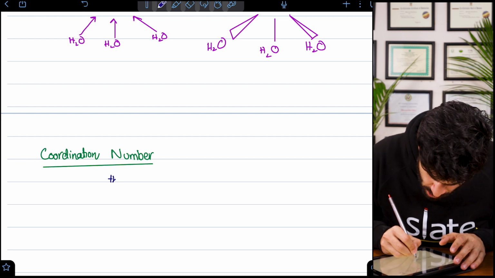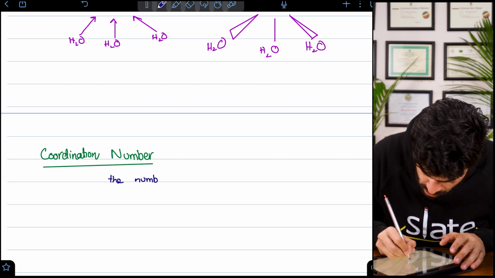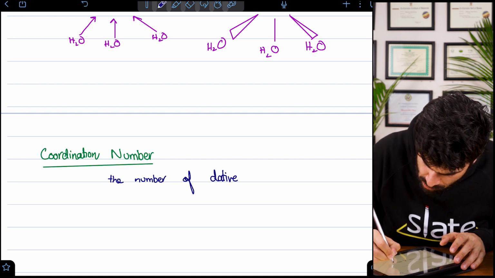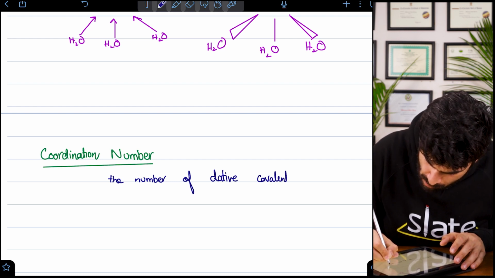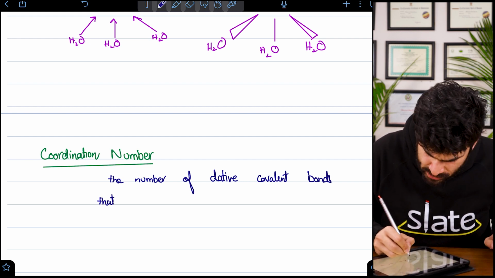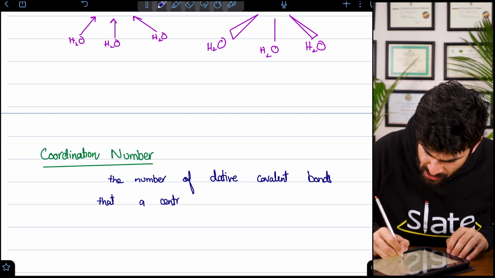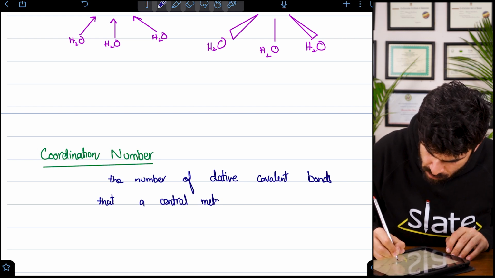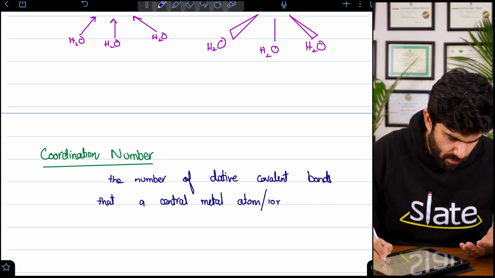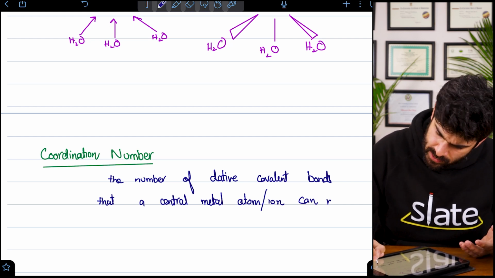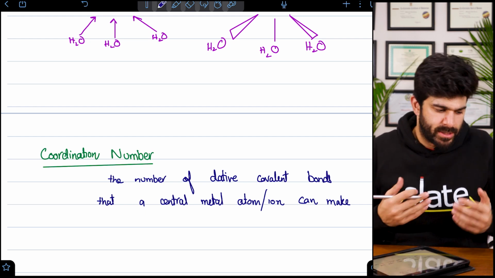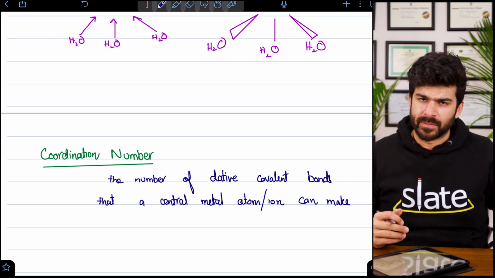This is the number of dative covalent bonds that a central metal atom or ion can make.